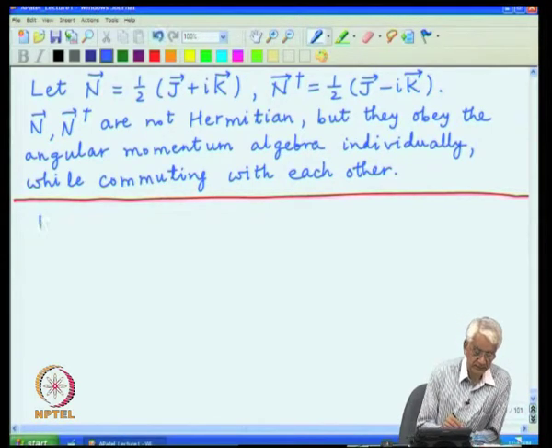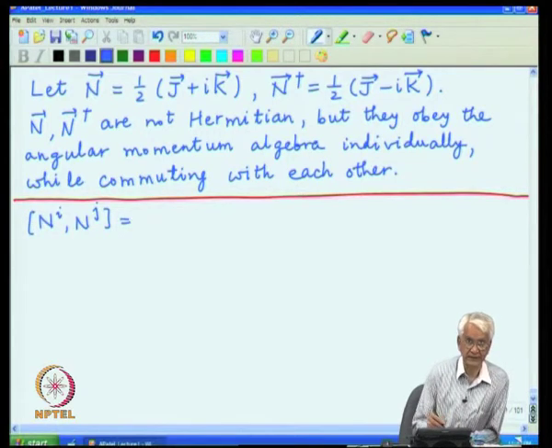For instance, let me evaluate the commutator of N_i and J, substituting these factors explicitly.